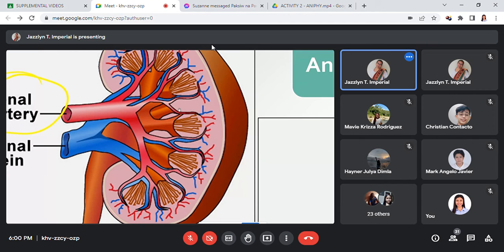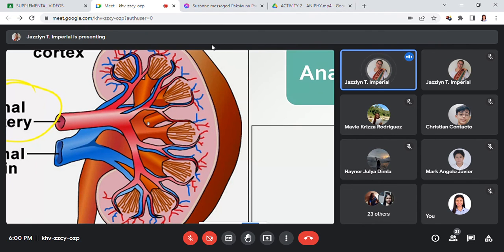If there are millions of nephrons, of course there are also millions of capillary beds. So, they are closely associated with your kidney nephrons. The nephrons are small tubes.